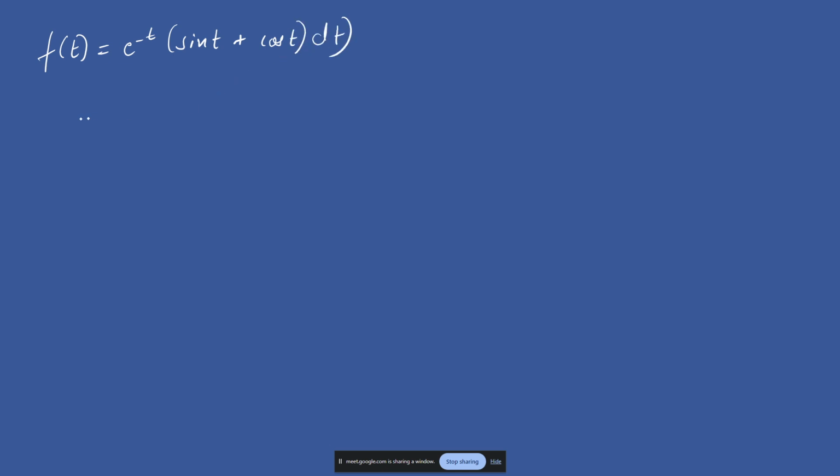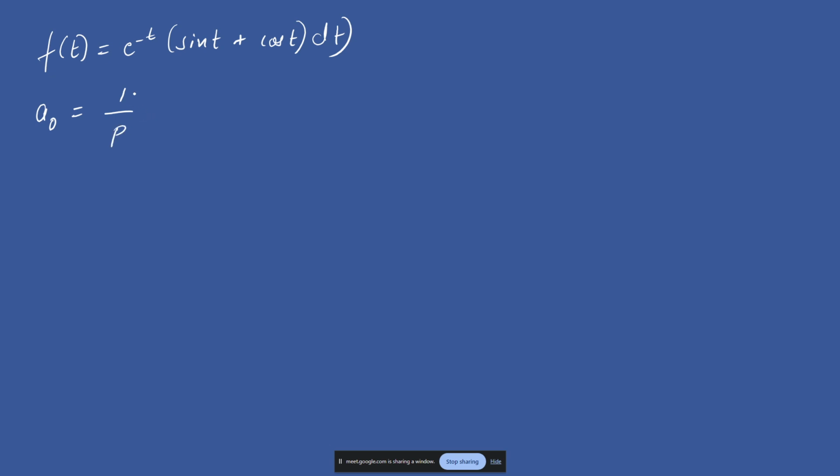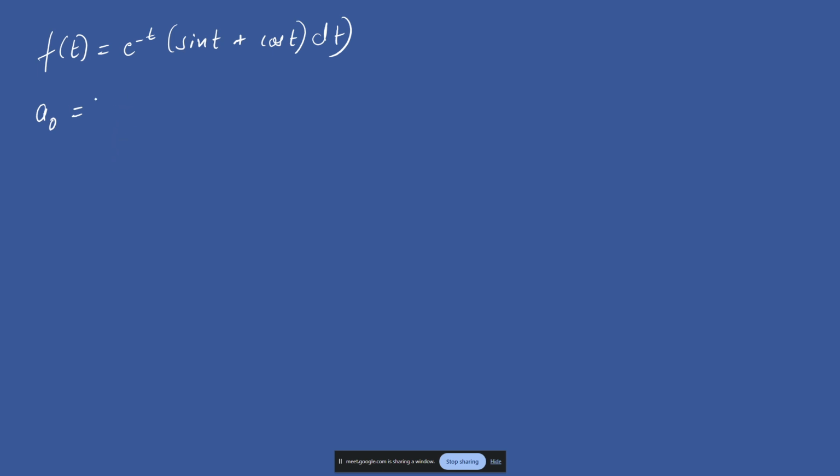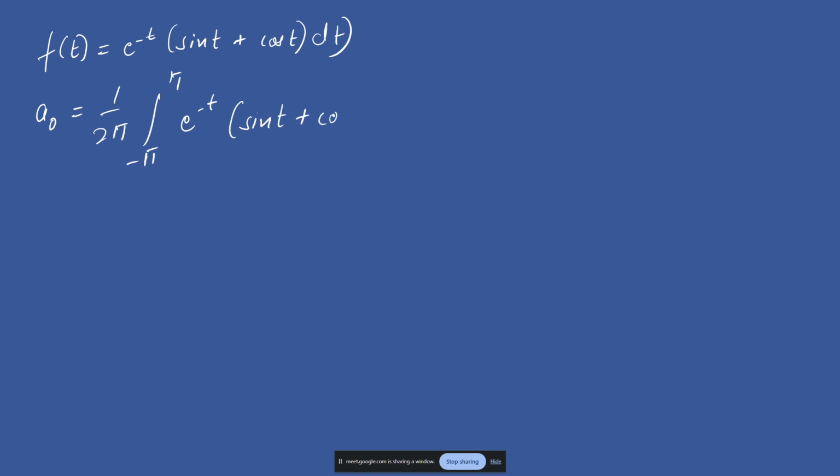So for our case a naught is given by 1 by 2 pi, integral from minus pi to pi of e^(-t) (sin t + cos t) dt.